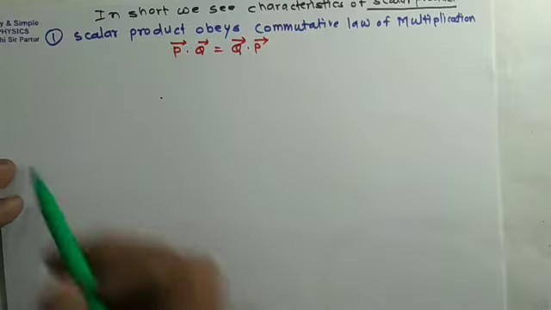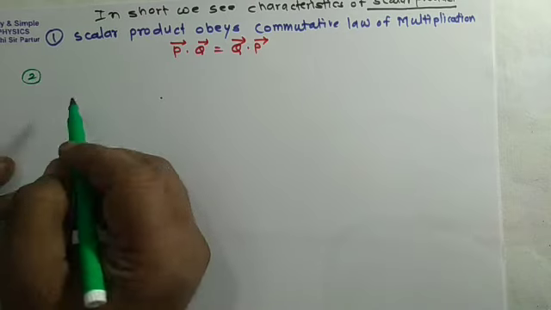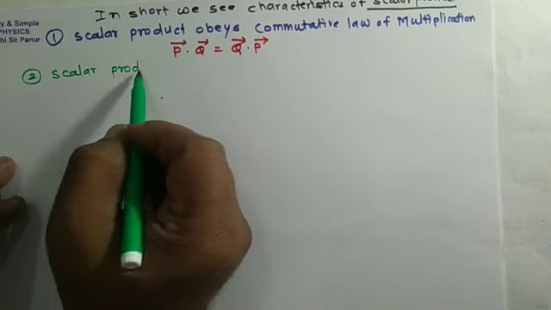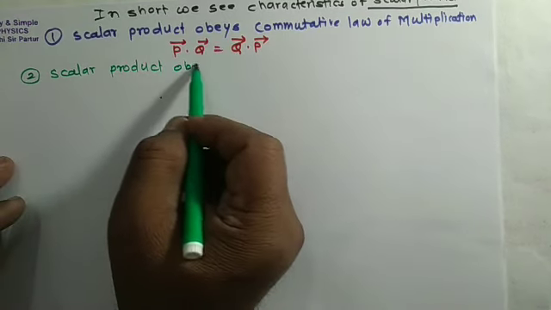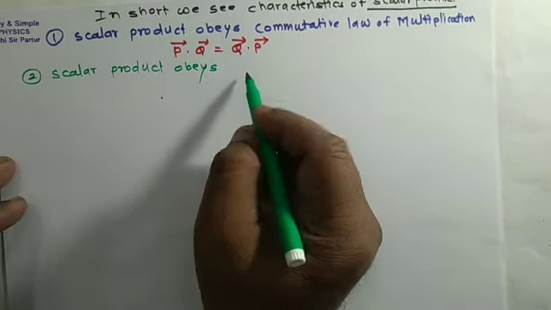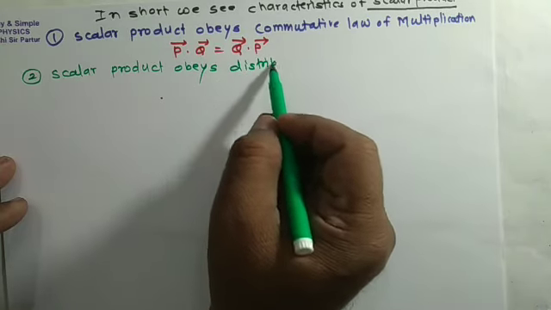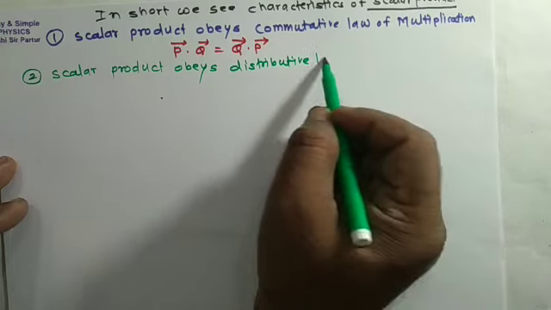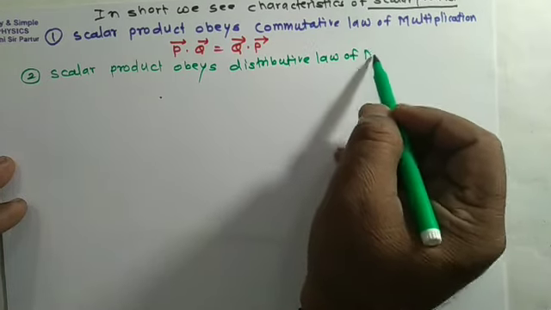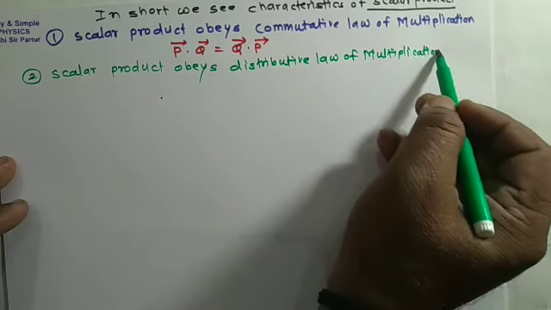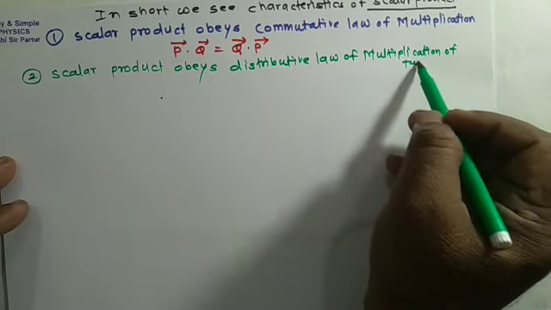Second characteristic will be scalar product obeys distributive law of multiplication of two vectors.